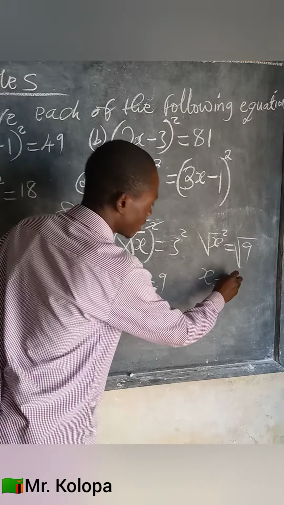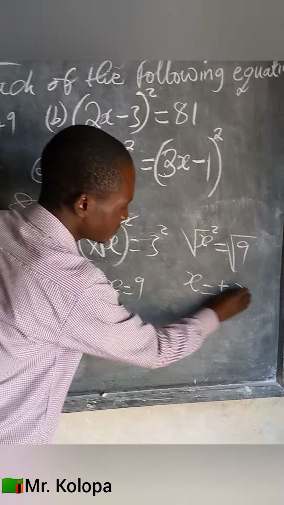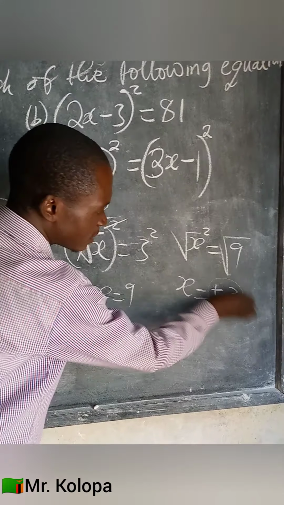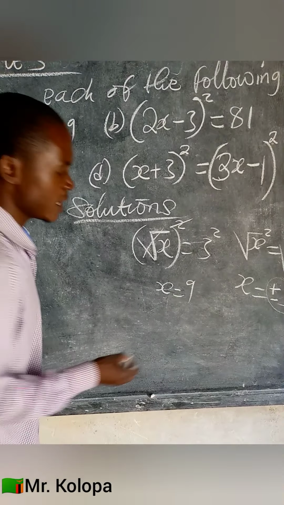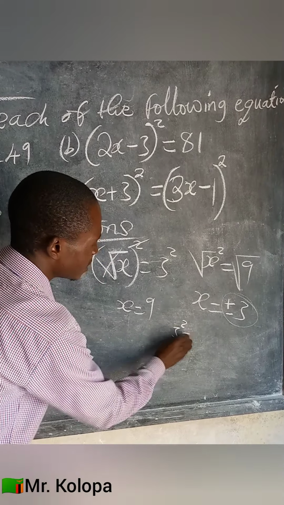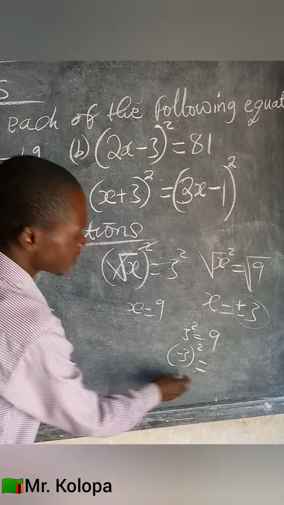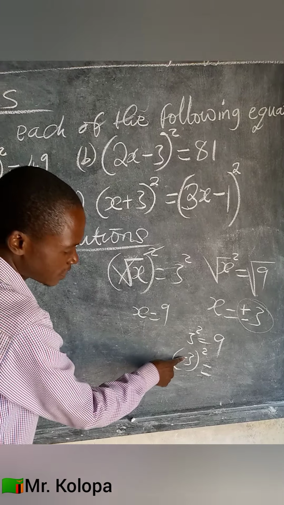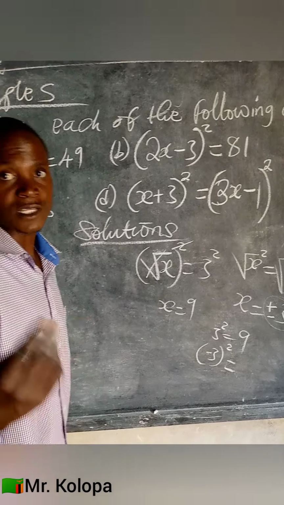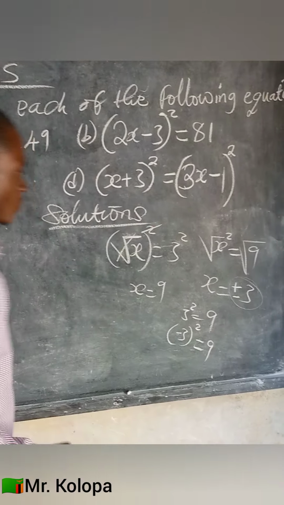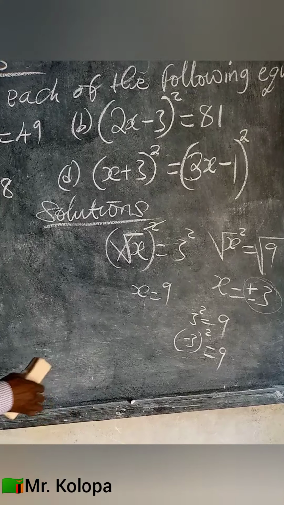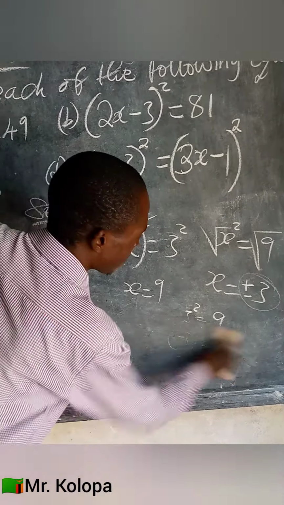Why? Remember when you have 3 squared, the answer is 9. Negative 3 squared is still 9, because negative 3 times negative 3 gives 9. Take note of that as we look at example 1.